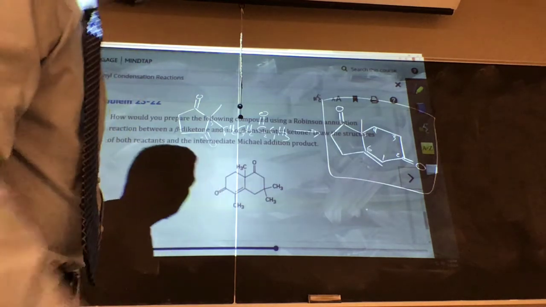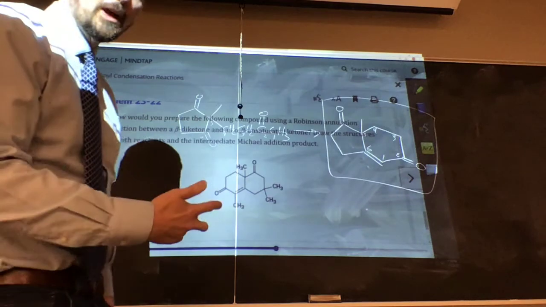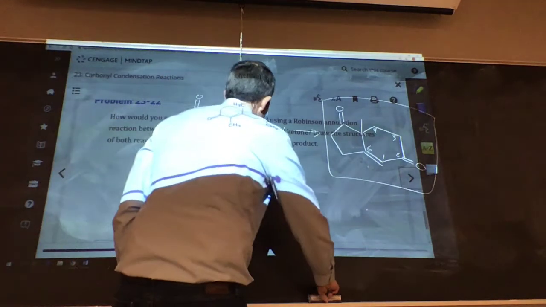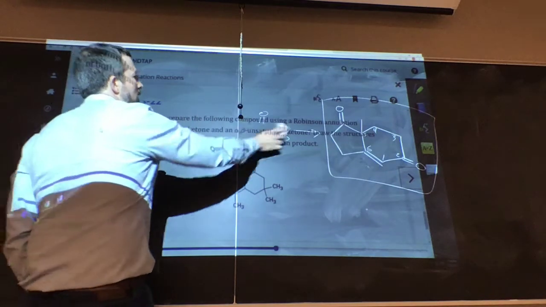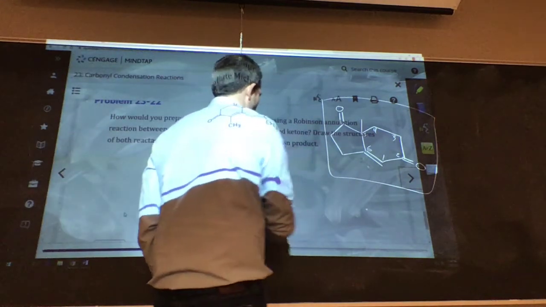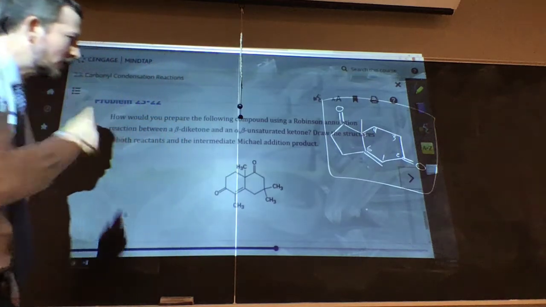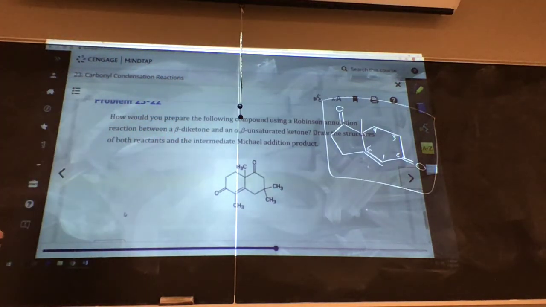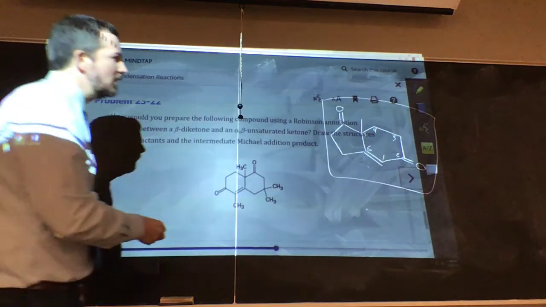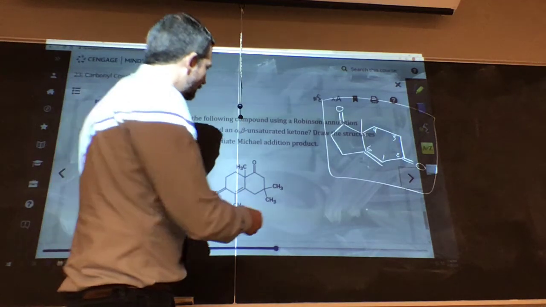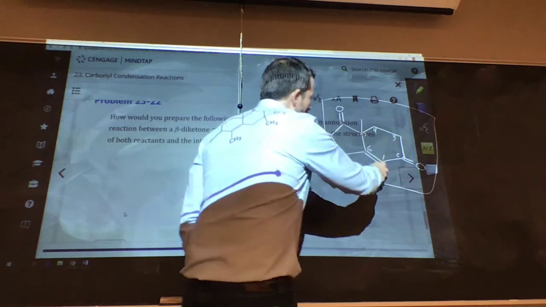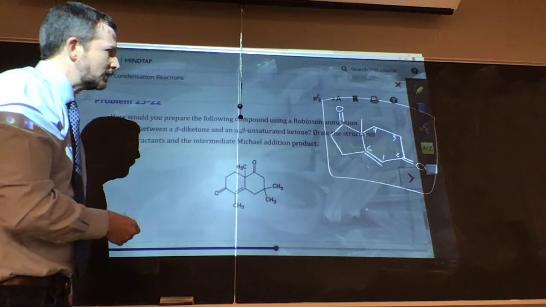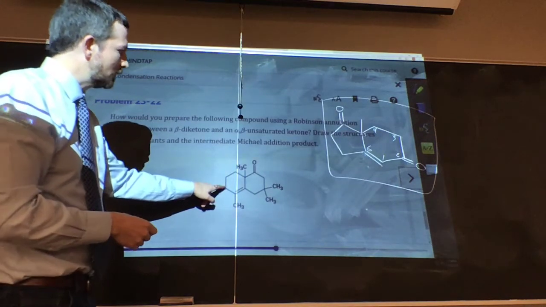So let's go ahead and look at the next one. Now this one I'm given a product, and so I'm going to be working backwards from it. So if I had a dicarbonyl compound someplace, if I'm looking at this one, here's a 6-membered ring.